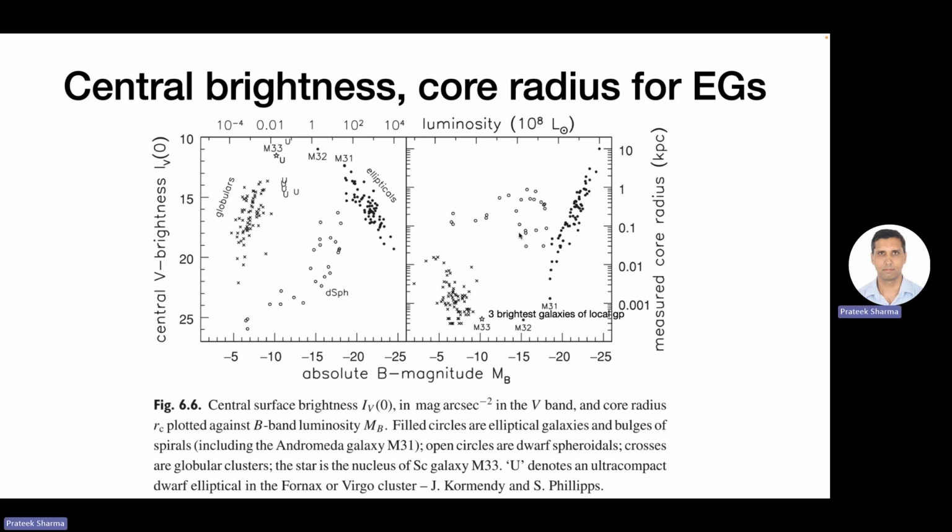Central brightness, we'll actually come to something called surface brightness. Central brightness is how bright is the center. So flux divided by angle squared. So flux per unit solid angle is brightness, right? It's not just compactness.